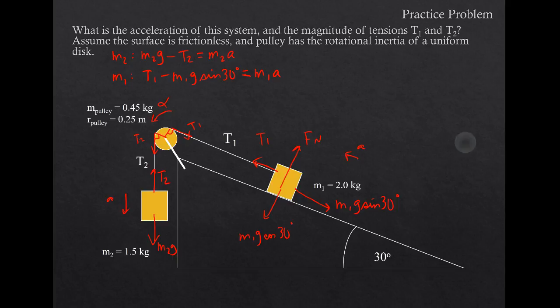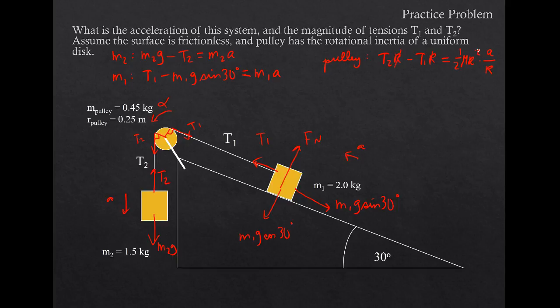Okay, and then for the pulley, basically T2R minus T1R is equal to I alpha, but we have the same expression as before for I, because it's a disk, and also for alpha.